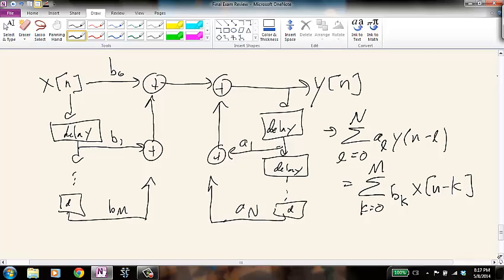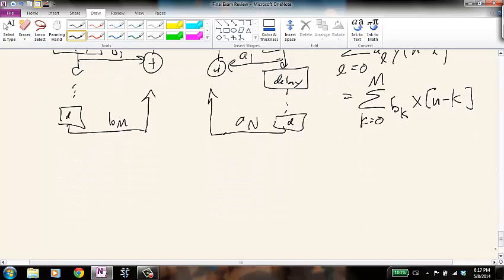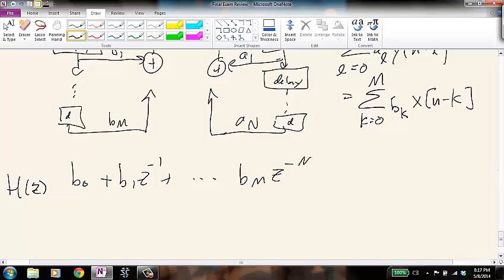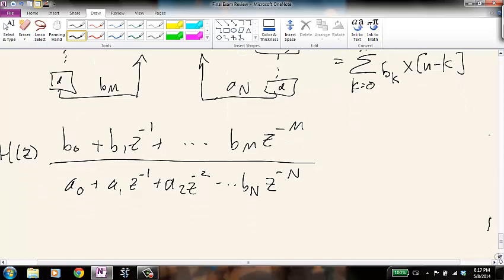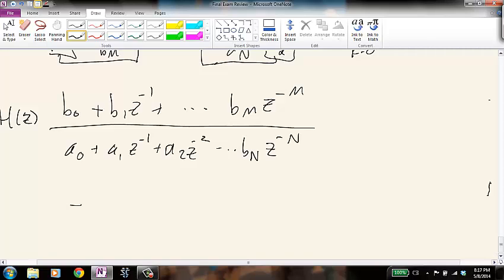So to find our poles and zeros, we have H of z equal b naught, right? Which will convert to some zeros and poles. So zeros on top.